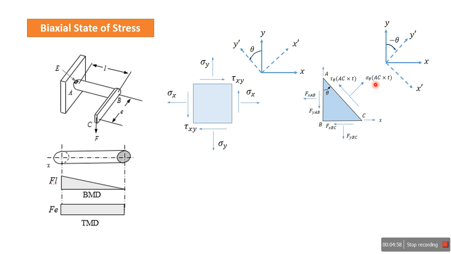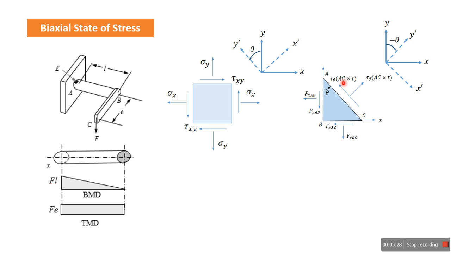So sigma theta is the normal stress on the plane AC, and tau theta is the shear stress on this plane. Whatever state of stress is shown here on the element and the state of stress on the inclined plane are all positive, because this sigma theta is along the outward normal, which is positive, and this is also positive, this is along y dash.